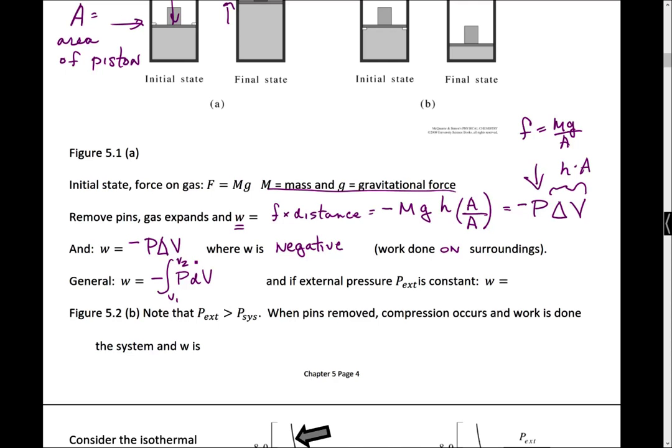Does that make sense? This is our general definition of work. Under the circumstances where our external pressure is constant, we can pull that out in front of the integral, and that becomes minus P_ext times delta V. But that's only because this pressure is constant and I can pull it out front.